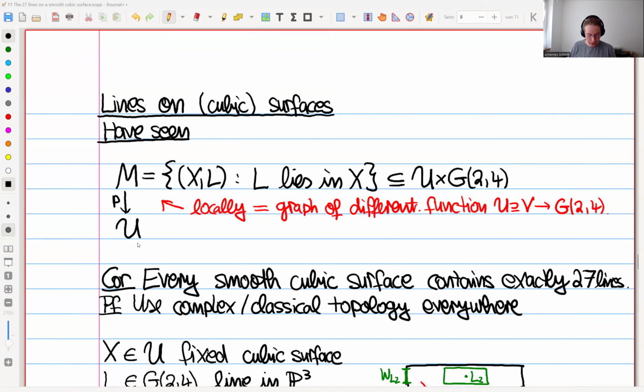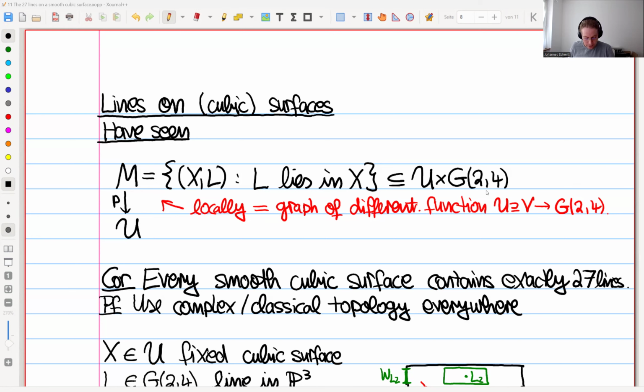And then if you project onto the first factor, just remembering the cubic surface, then M is locally the graph of a differentiable function from some subset here to the Grassmannian G(2,4).